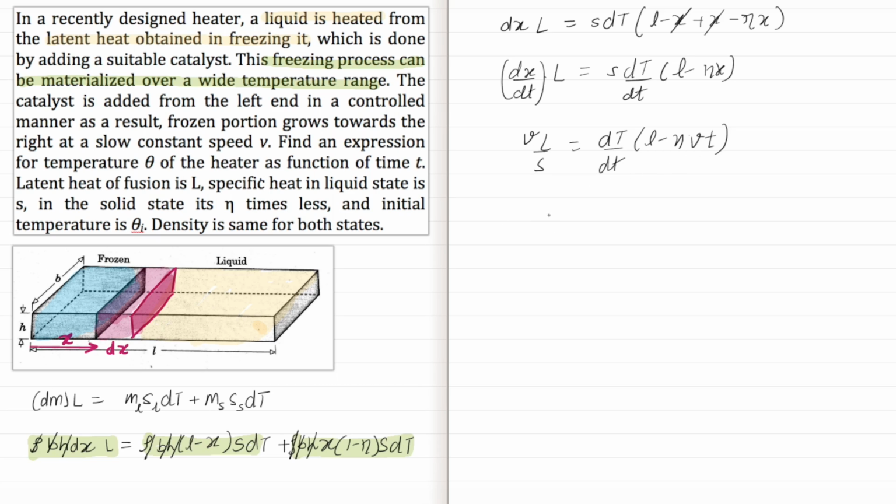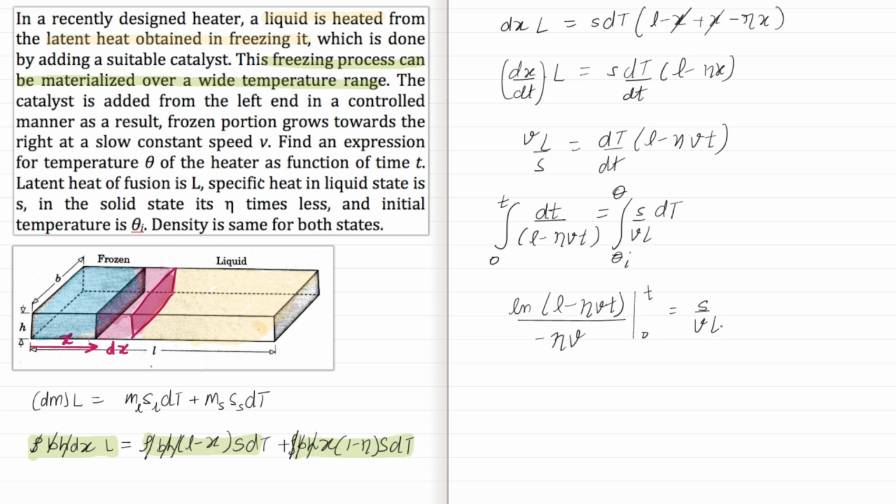So rearranging the terms, dt divided by L minus eta V t is equal to S dT divided by V L. And if we integrate these terms, time from 0 to t, temperature from theta initial to theta, the integration of this part would be ln of L minus eta V t divided by minus eta V, is equal to S by V L into theta minus theta initial.